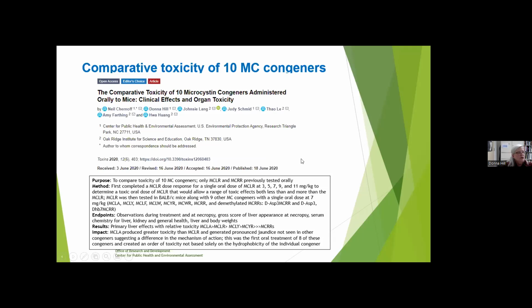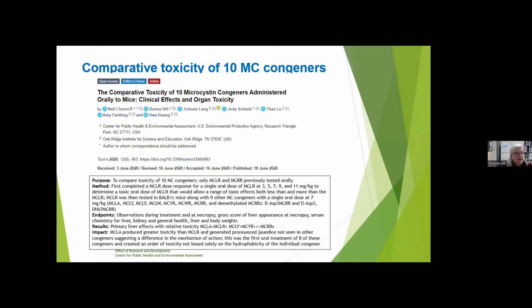And then we took all the 10 congeners, which included the LR, and we dosed at 7 milligrams per kilogram, just a single oral dose. That's all we did. And then evaluated the mice with necropsy 24 hours later. The congeners we looked at were LA, LY, LF, LW, YR, WR, RR, and 2 demethylated RRs that were sent from Germany.